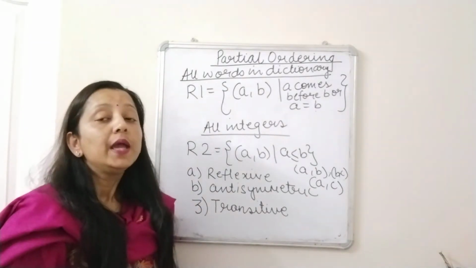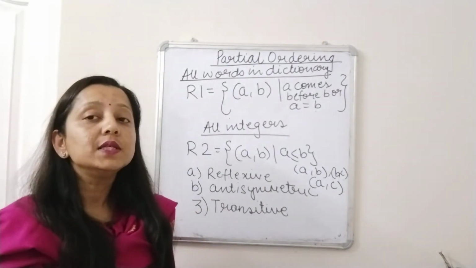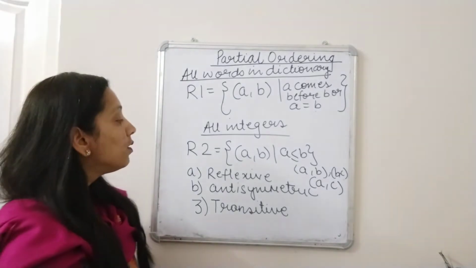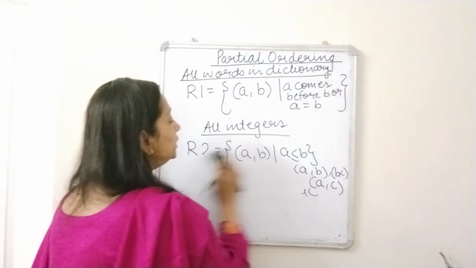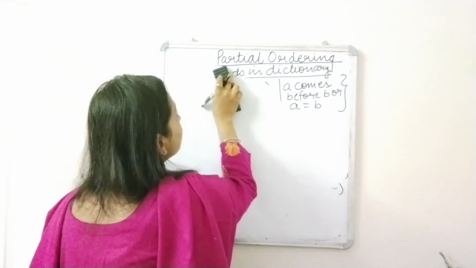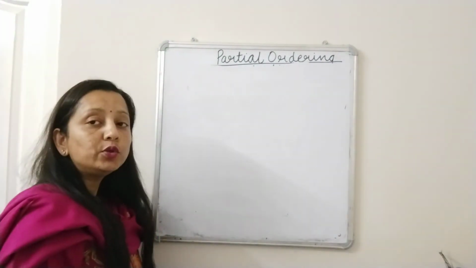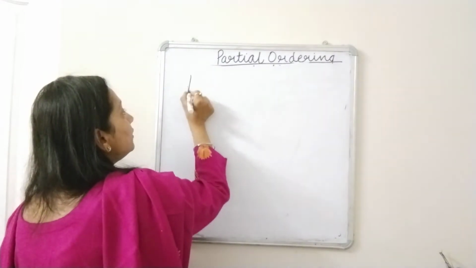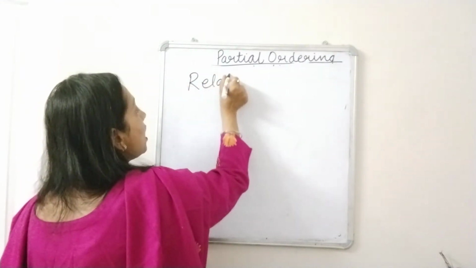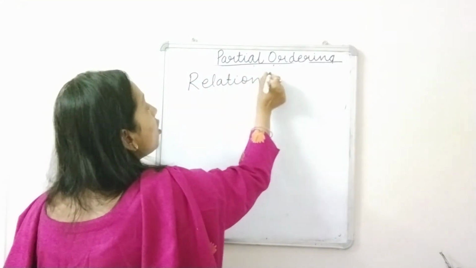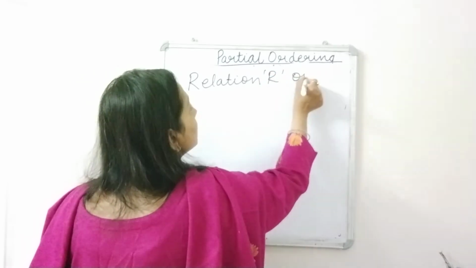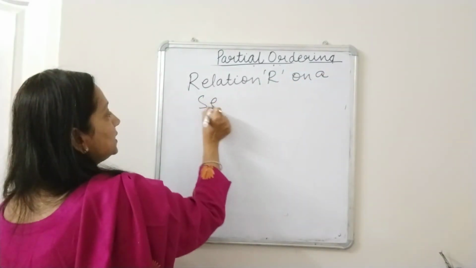So now it is high time that we understand the definition of partially ordered sets. So what is a partially ordered set, or what is partial ordering? According to the partial ordering, a relation R on a set S. Why?